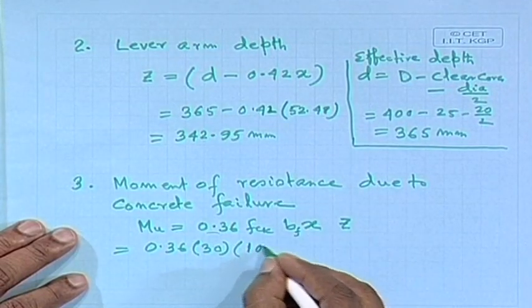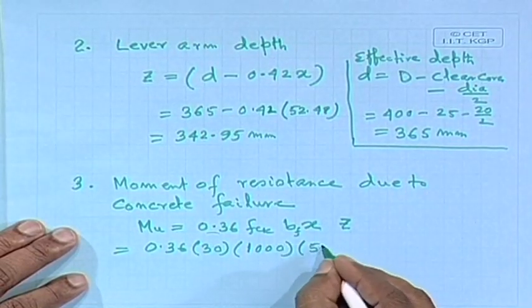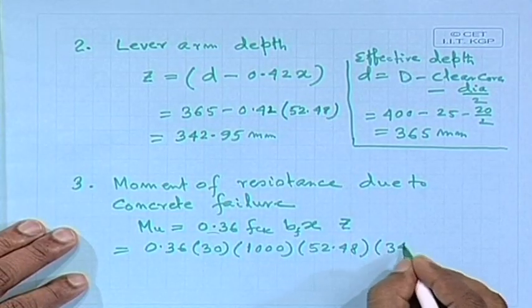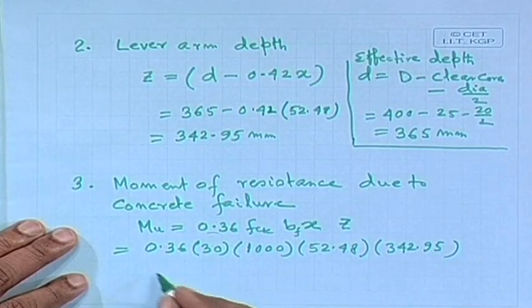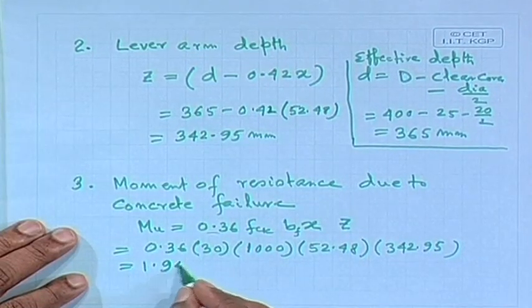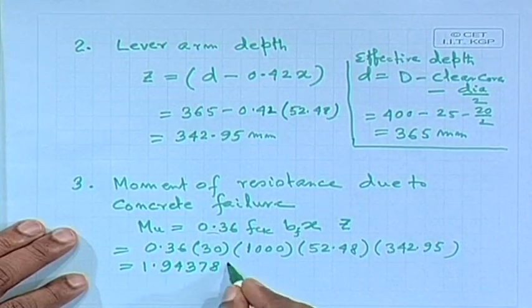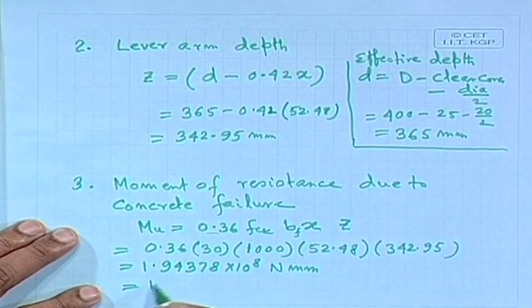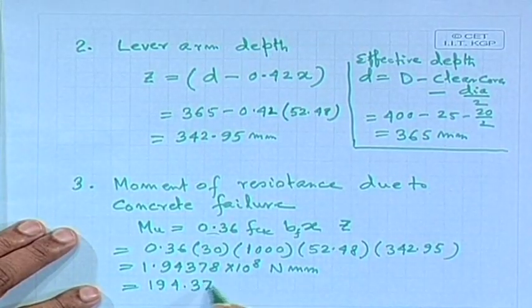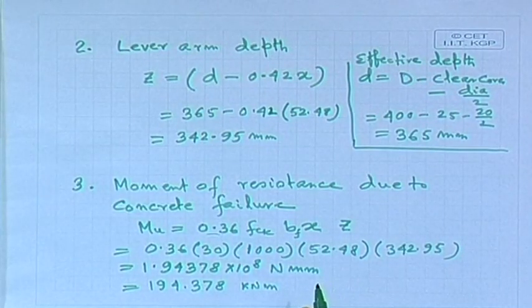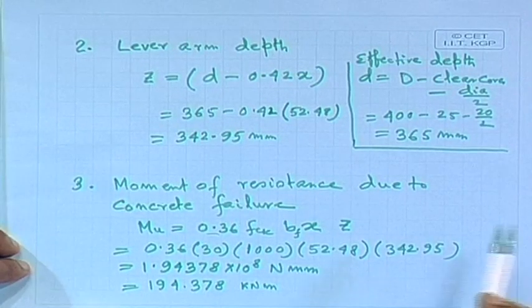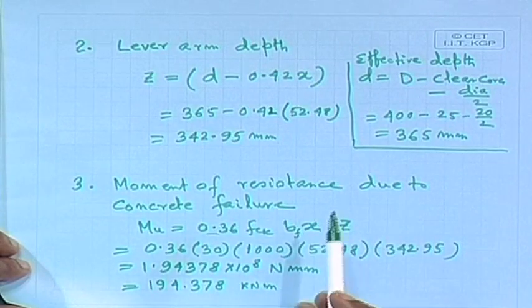So, 0.36 times 30 times BF equal to 1000 times 52.48 times 342.95 equals 1.94378 into 10 to the power 8 Newton millimeter, equals 194.378 kilonewton meter. So, moment of resistance we are taking due to concrete failure.